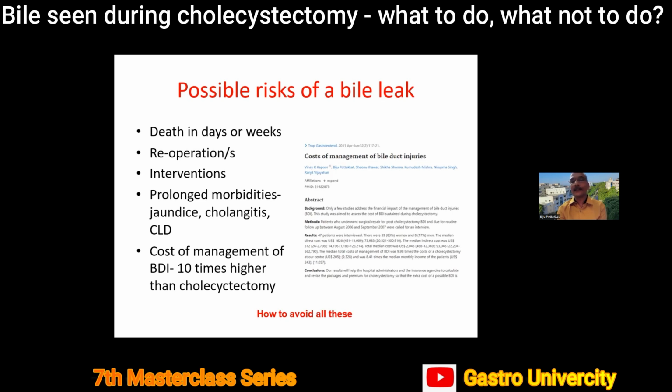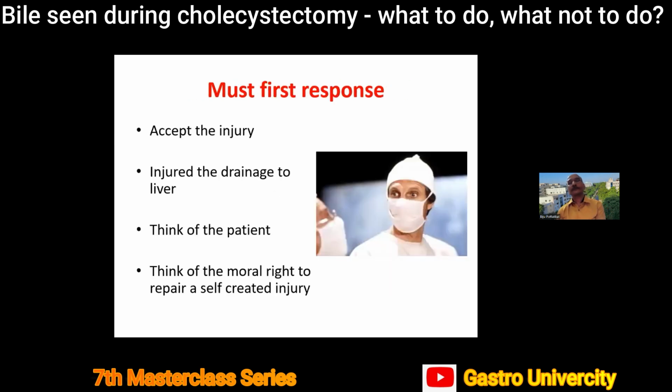chronic liver disease. And the cost of management of all this, from one of the earlier studies from India, is around 10 times that of cholecystectomy. So the problem starts in terms of health, morbidity, quality of life, and cost, and on multiple occasions we have seen patients who were forced to sell their house and land just to deal with the management of bile duct injury.